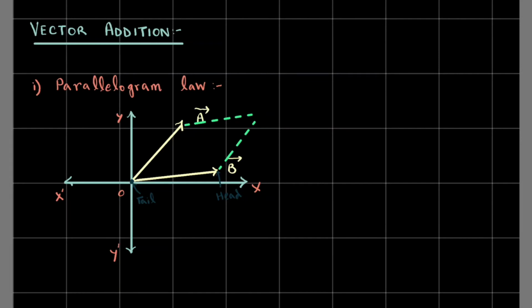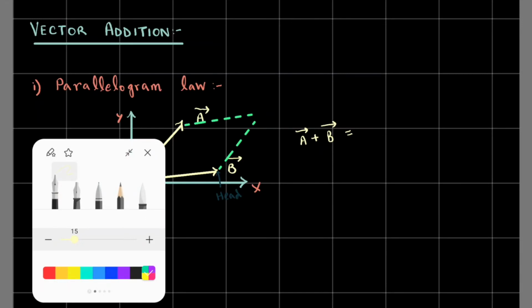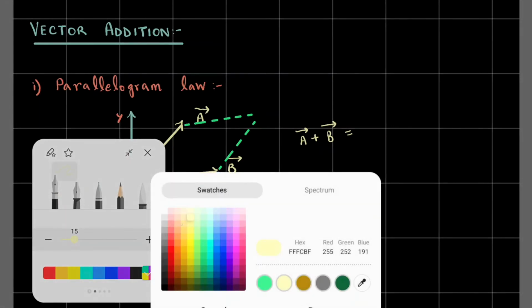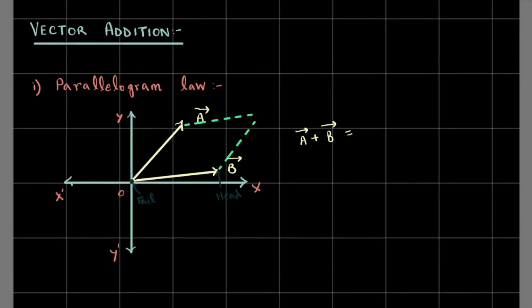Then the sum of the vectors A and B, A plus B equals, let me take another color, this color. The sum of A and B is this vector, this line.